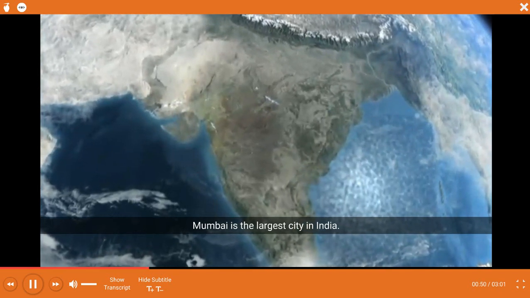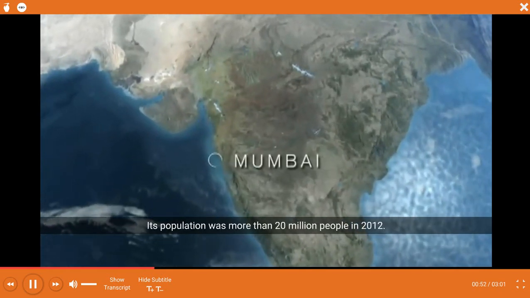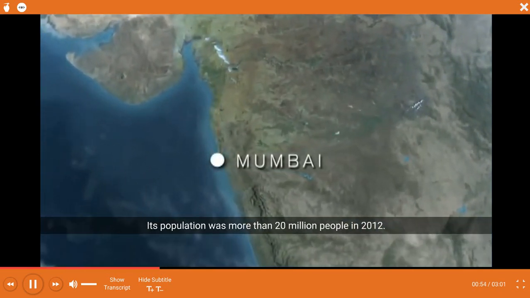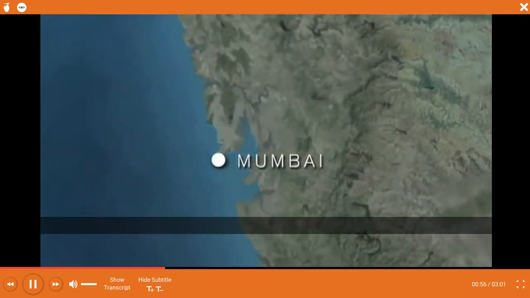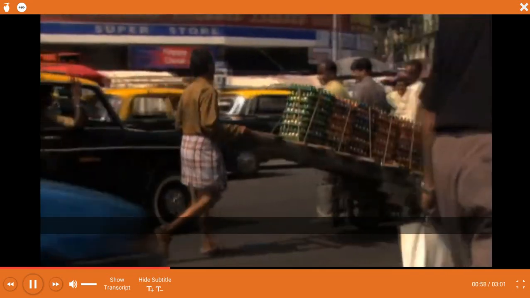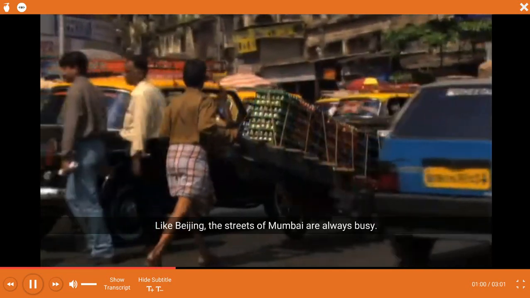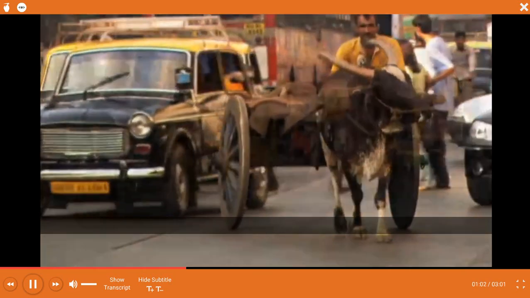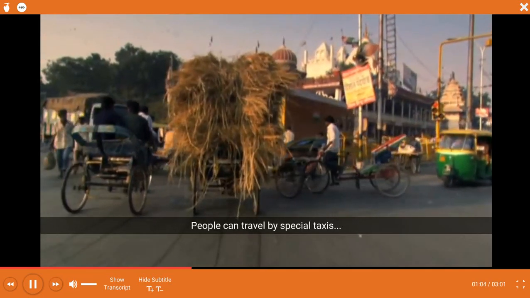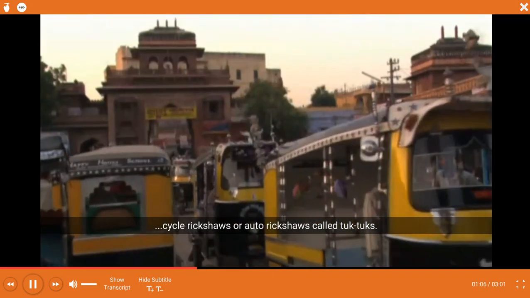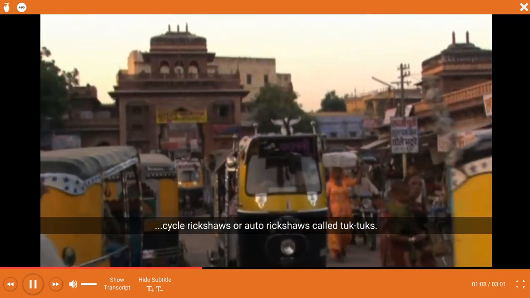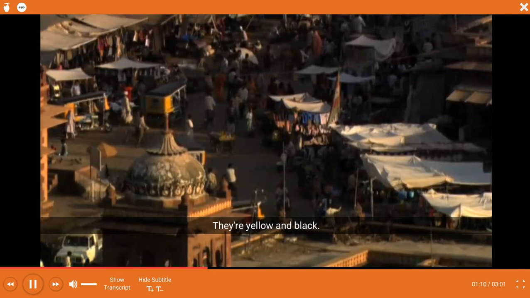Mumbai is the largest city in India. Its population was more than 20 million people in 2012. Like Beijing, the streets of Mumbai are always busy. People can travel by special taxis, cycle rickshaws, or auto rickshaws called tuk-tuks. They're yellow and black.